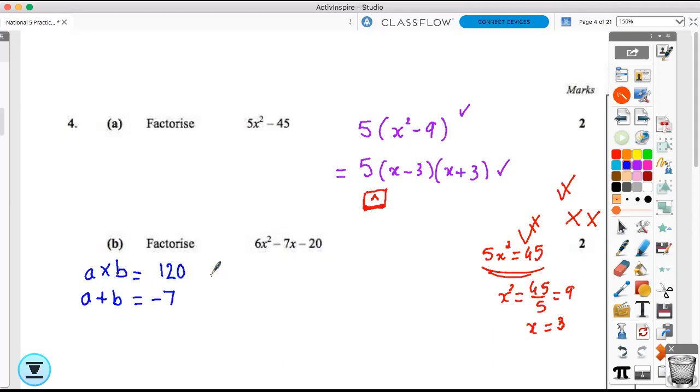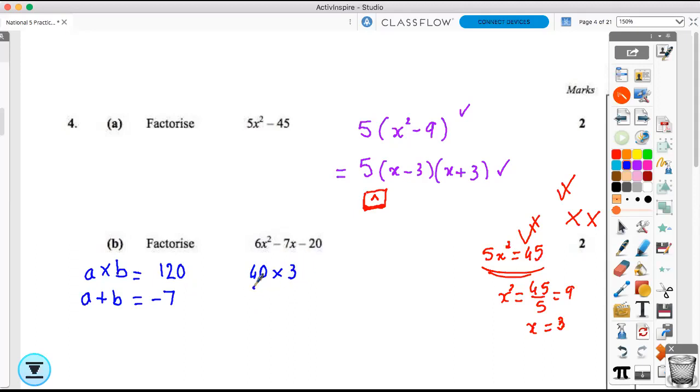120 divided by 3, that would be 40. So you can say 40 and 3, but I'm still not close to 7. So what I need to do is take some from 20 and put them onto the 3.